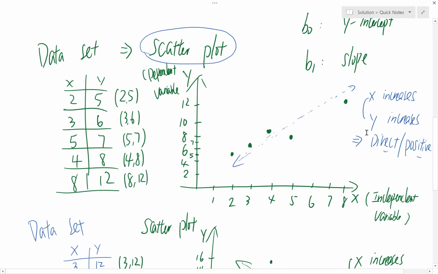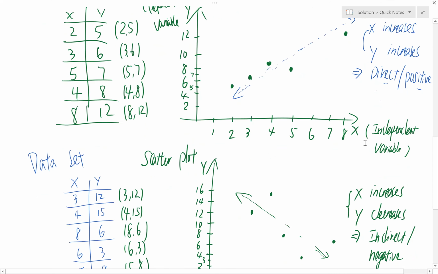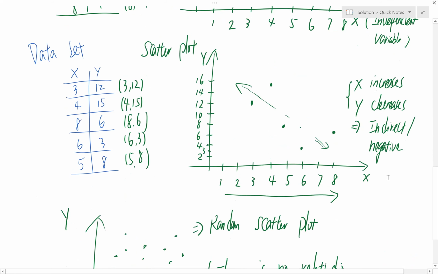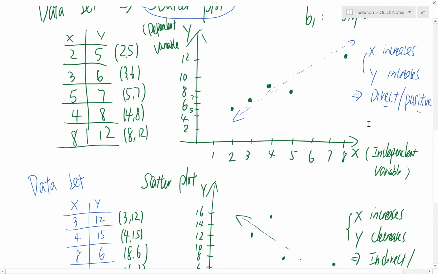Now let's take a look at how we measure the strength of the relationship. When you compare these two, I would say that the first graph has a fairly stronger relationship because when we try to fit a linear model here, those points are closer to the model. We call this our best fitting line.